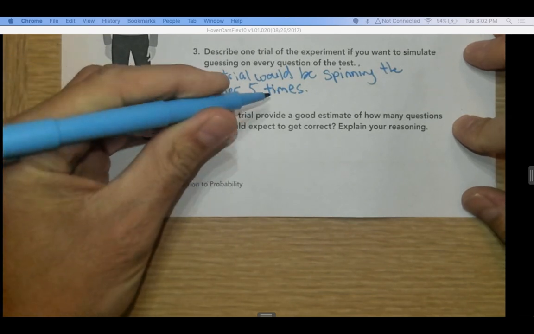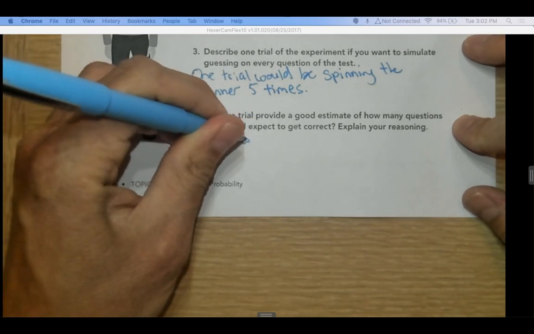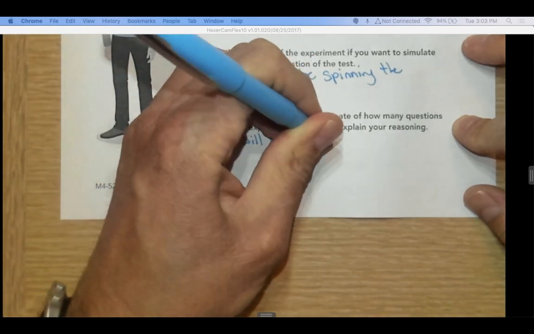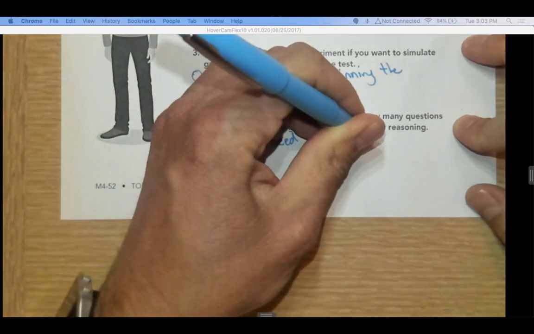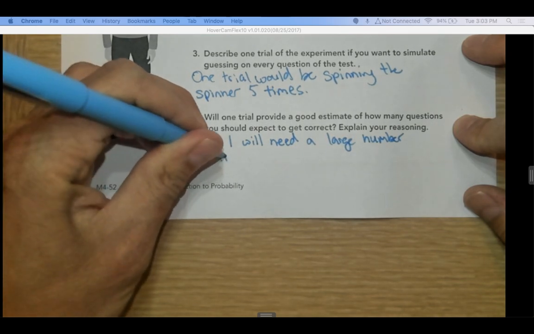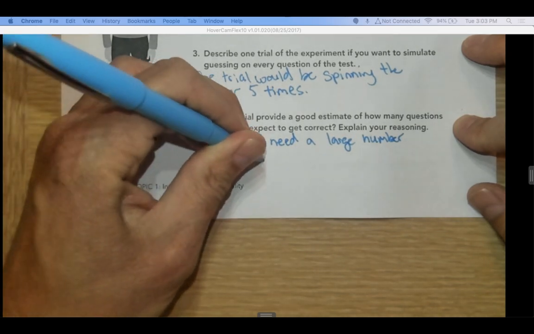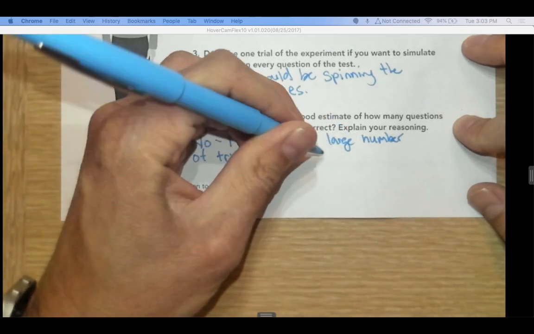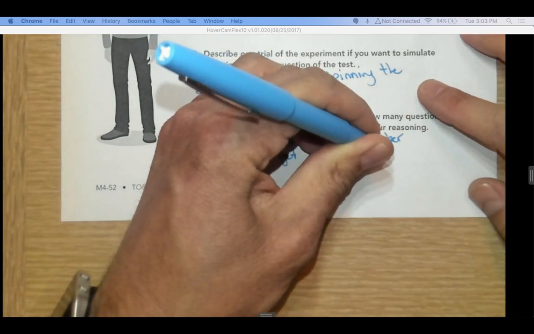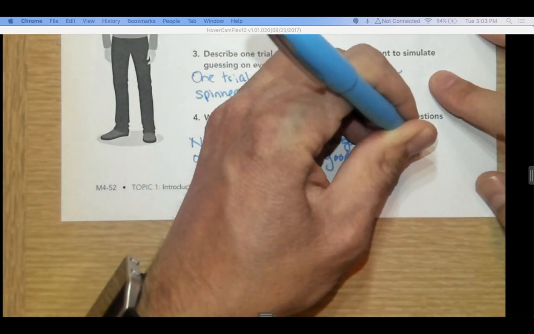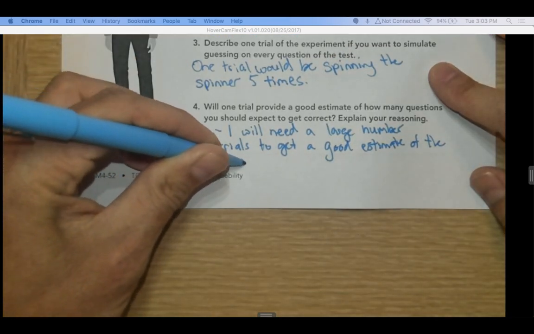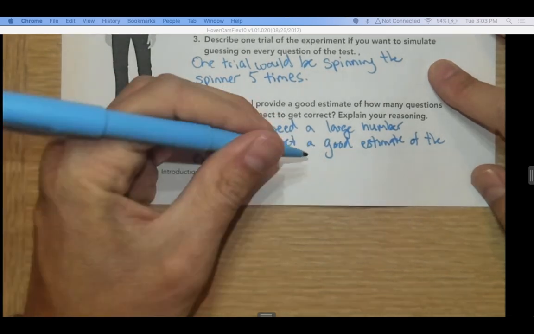No, I will need a large number of trials to get a good estimate of the experimental probability.